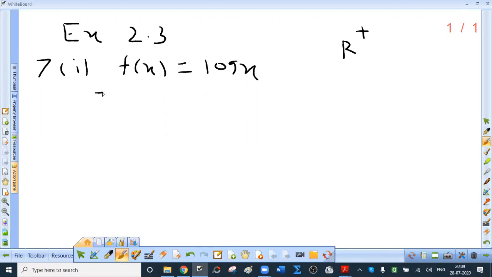How to write this? Closed interval 1 comma e, see on the screen, and is differentiable on open interval 1 comma e.